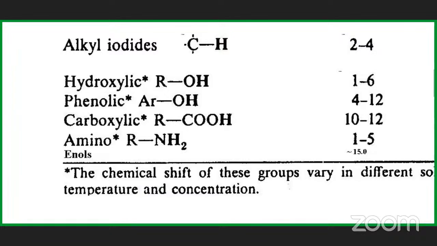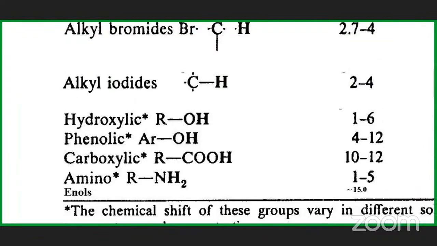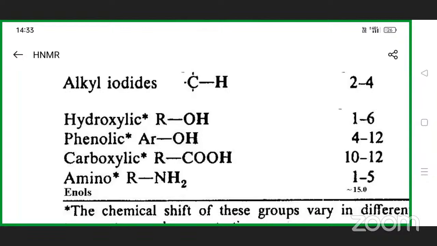So these values are very useful to analyze the H1 NMR spectra, right? Remember the delta values here, otherwise you cannot analyze the H1 NMR spectra, because we'll get the signal in this range. And the values are somewhat variable. They are not fixed values.